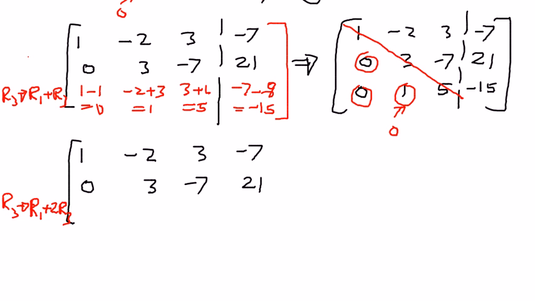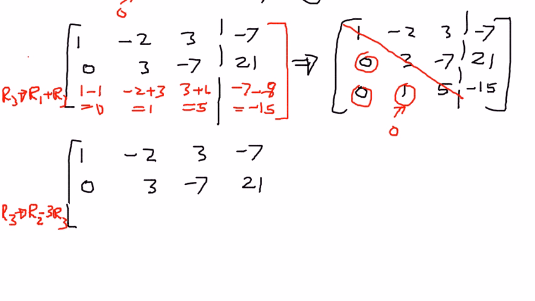We can think about it in another way, so let me rewrite this row operation a little differently. The new R3 is going to be R2 minus 3R3.